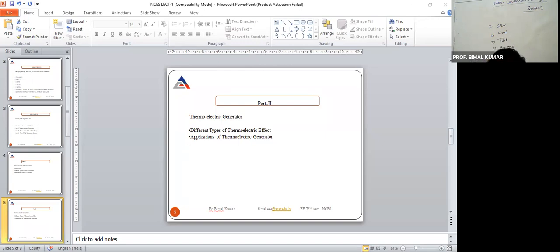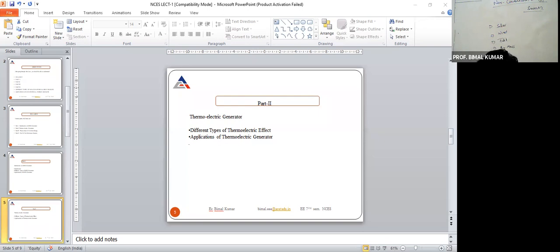Yes, please. Now, in part 2, we are having thermoelectric generator. Right. In thermoelectric generator, before starting the thermoelectric generator, we will discuss various types of the thermoelectric effects like Seebeck effect, Peltier effect, Thomson effect.